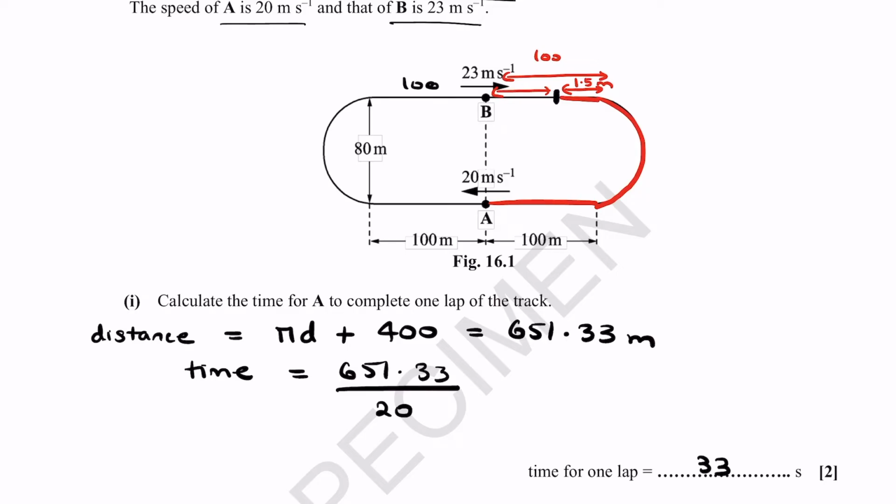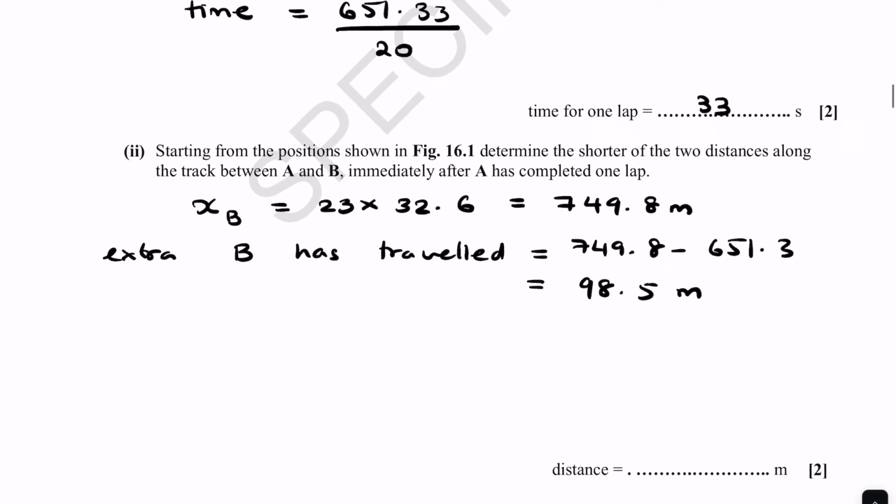So that, plus the pi d over 2 situation, and then plus 100. So I'm just going to write that down. We have pi d over 2 plus 1.5 plus 100, and that ends up giving me 227 meters as a final answer.